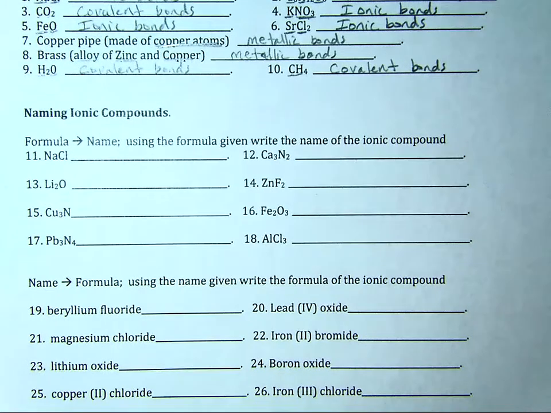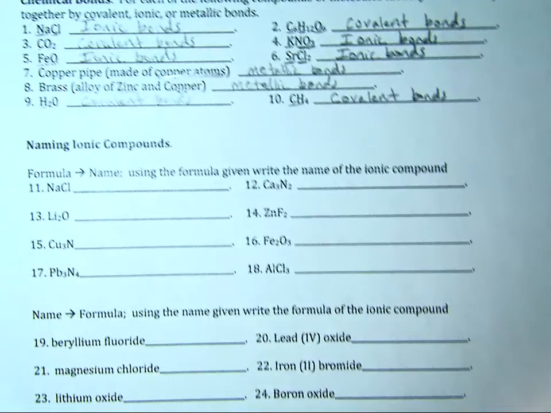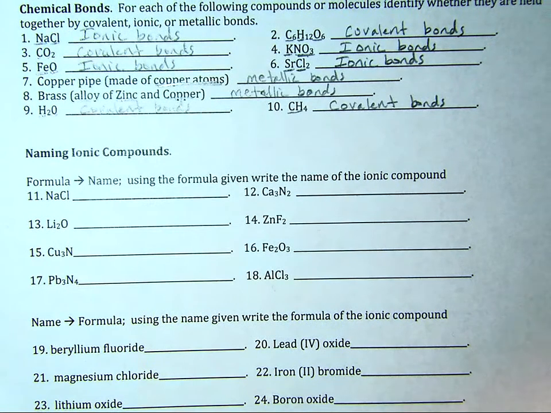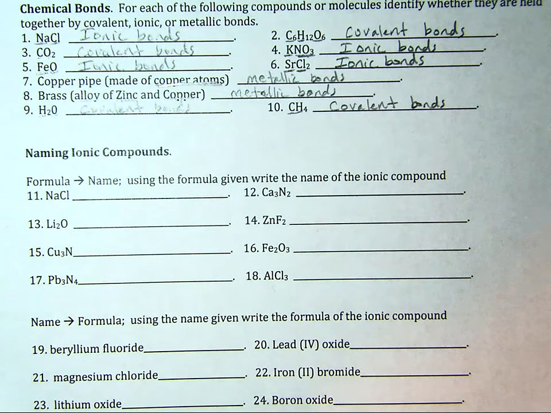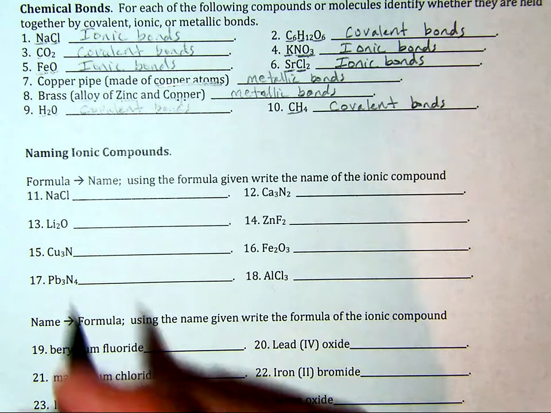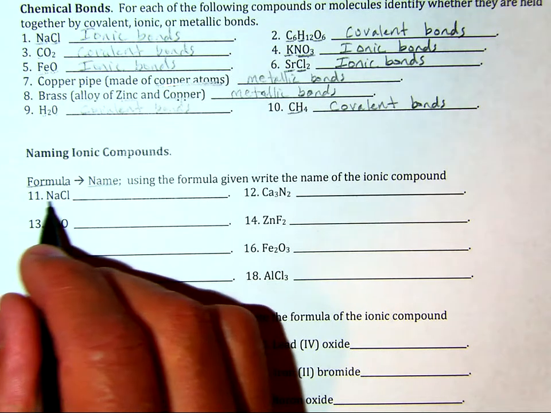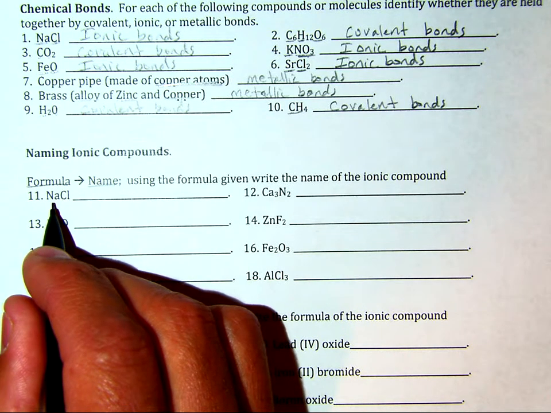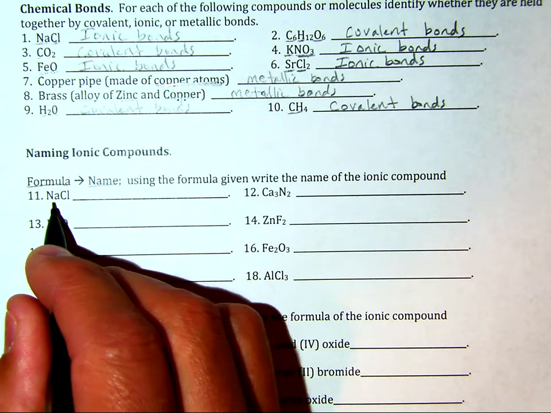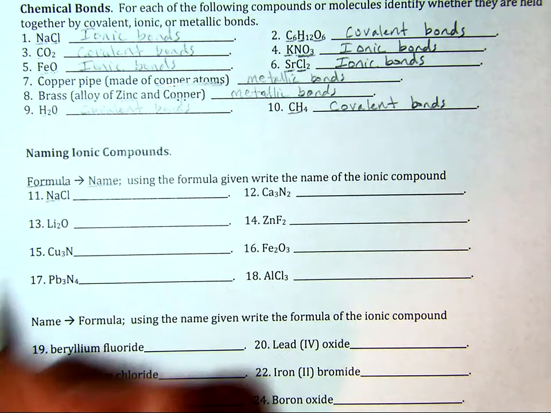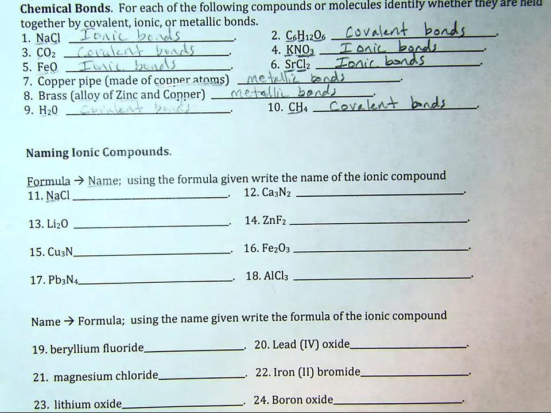This is about naming ionic compounds. We spent a lot of time learning how to name ionic compounds, so let's go through it. Number 11, this is going from the formula to the name. They're giving us a formula here, NaCl, and they want us to name it. Well, we learned that you never change the name of the first one.